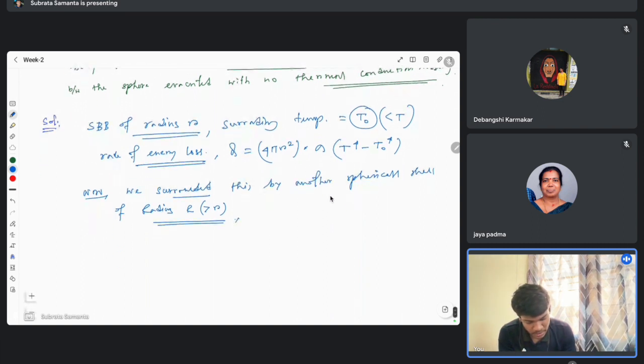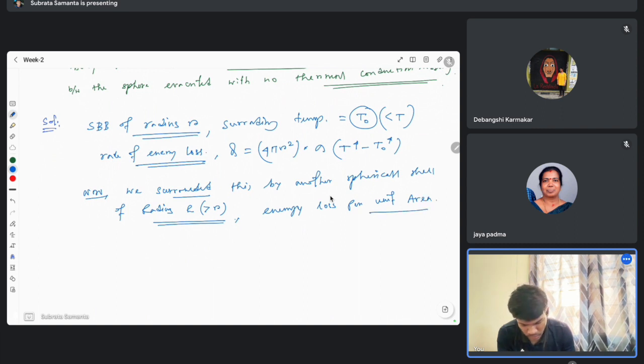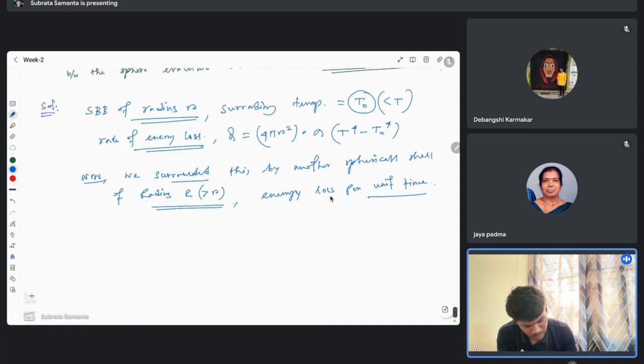And the power emitted, or the energy loss per unit time, we write.